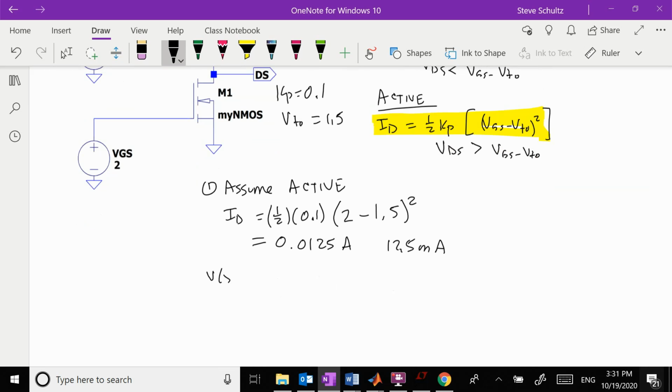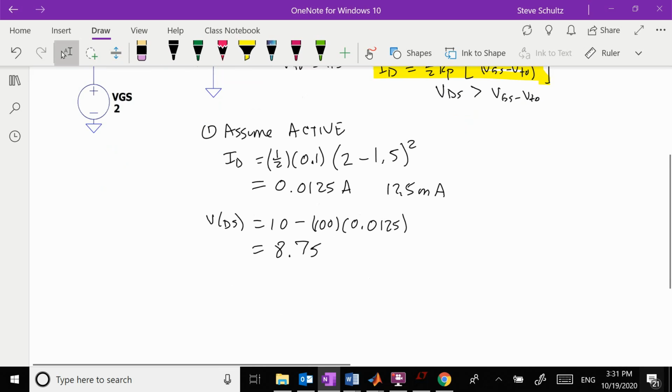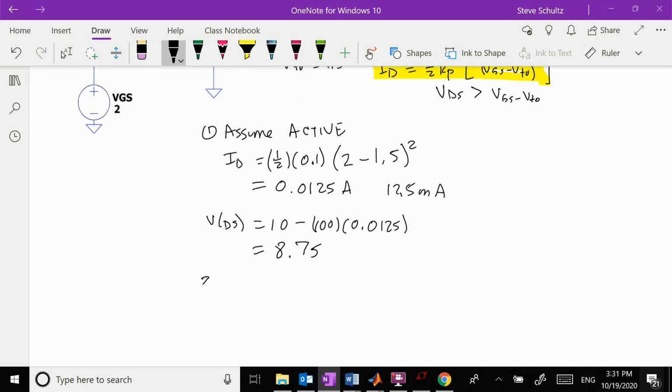VDS is equal to 10 minus 100 times 0.0125, which is 8.75. Then we have to come back and check our assumptions. We're comparing 8.75 to 2 minus 1.5, which is our VGS minus our VTO, and 8.75 is definitely larger than 0.5, so we were in the right regime, and we are done.